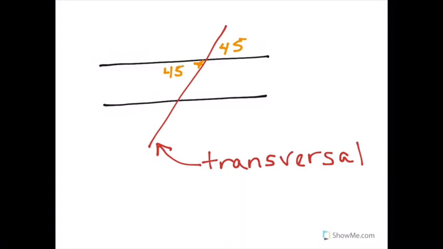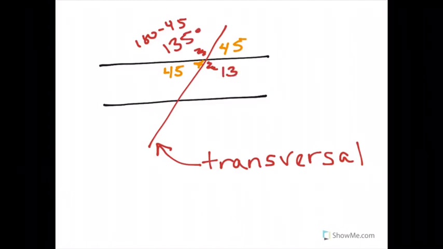Now, I can figure out how much this angle is and this angle based off of knowing the straight line is 180 degrees, and 180 minus 45 has to be my missing angles. So 180 minus 45 is going to be 135 degrees. So straight across, this also has to be 135 degrees.